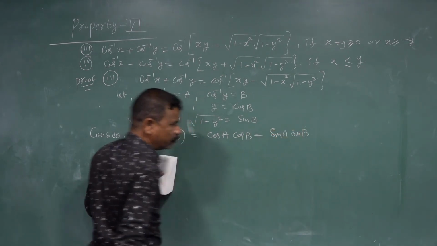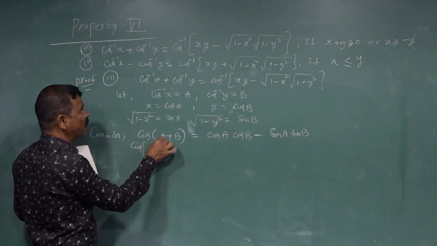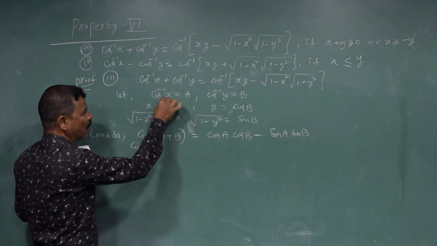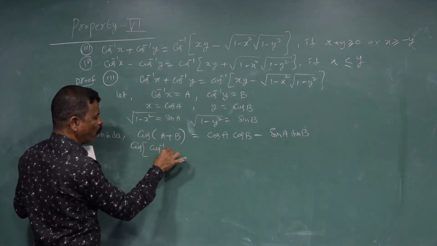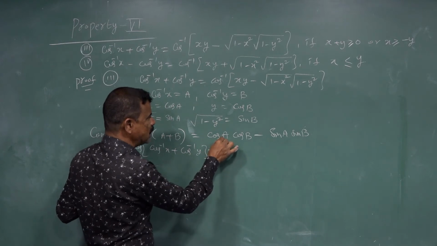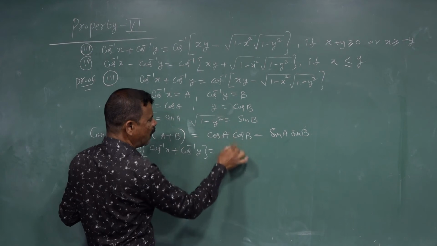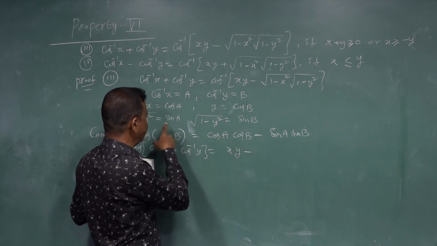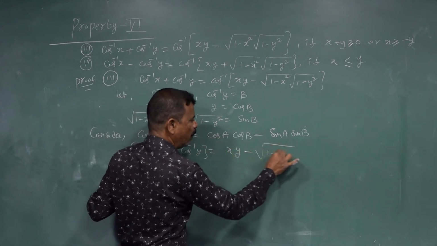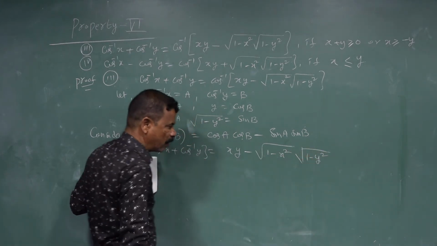Now, with a as cos inverse x and b as cos inverse y, this is x times y minus the square root of 1 minus x square times the square root of 1 minus y square.